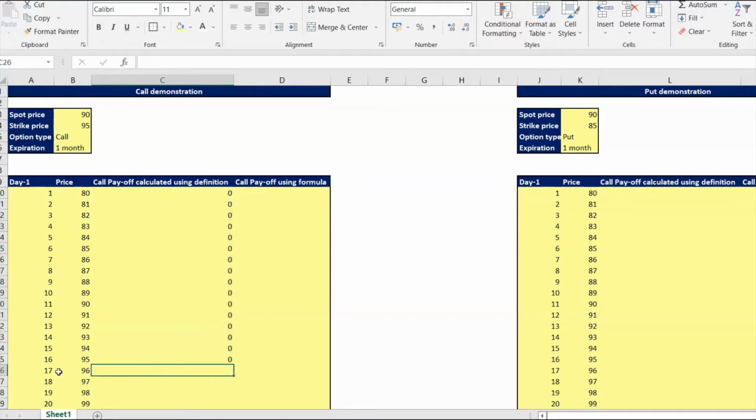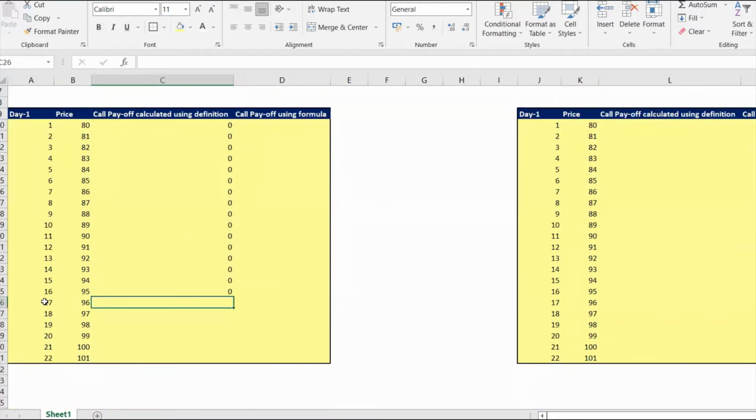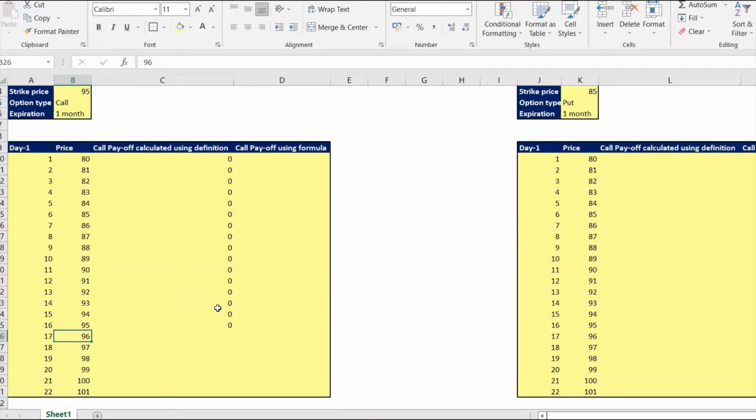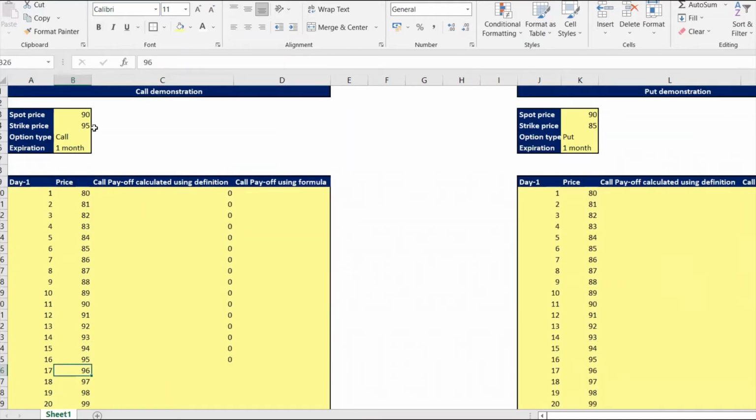But on day 17, hypothetically, say the stock price in the market is 96, but you have a call option to buy at 95. So what you will do is exercise the call option, because you can buy the stock at 95 using that contract.